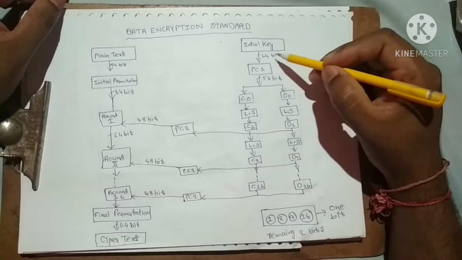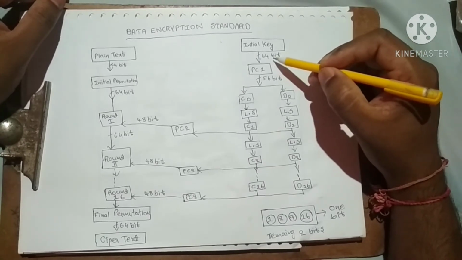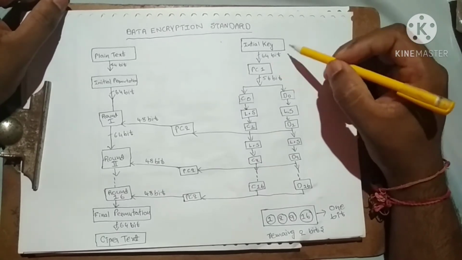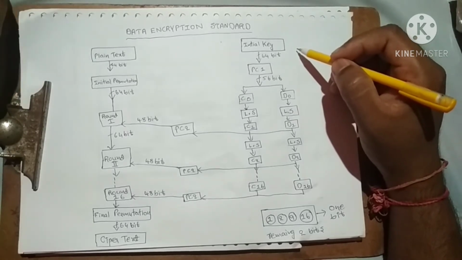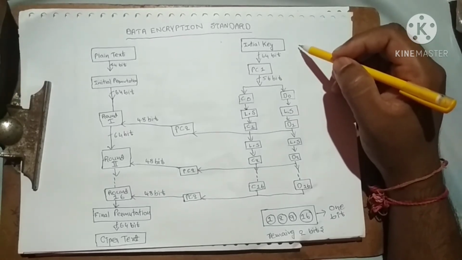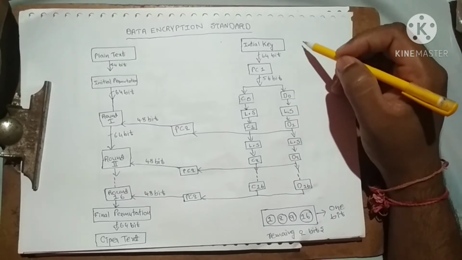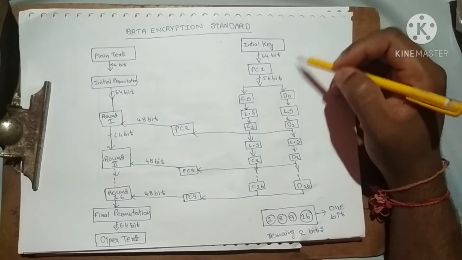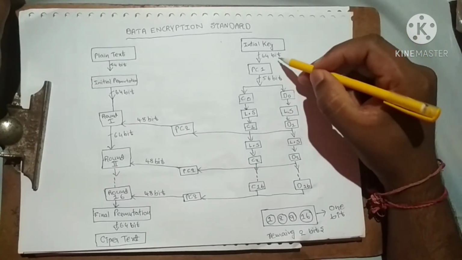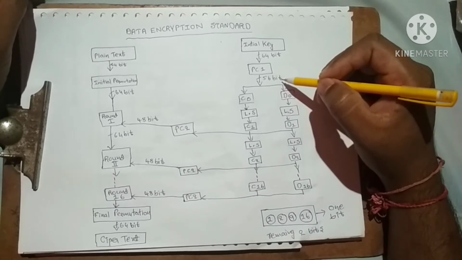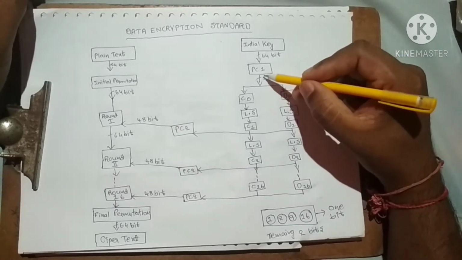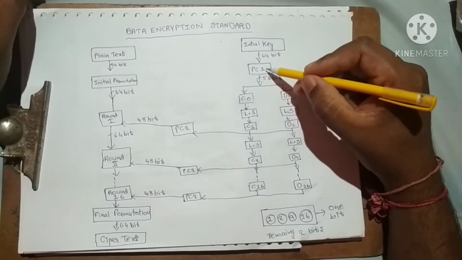Let's take the table: 8th bit, 16th bit, 24th bit, 32nd bit, 40, 48, 56 and 64. These 8 bits are neglected. Then the 56-bit key is generated as output from permuted choice 1.